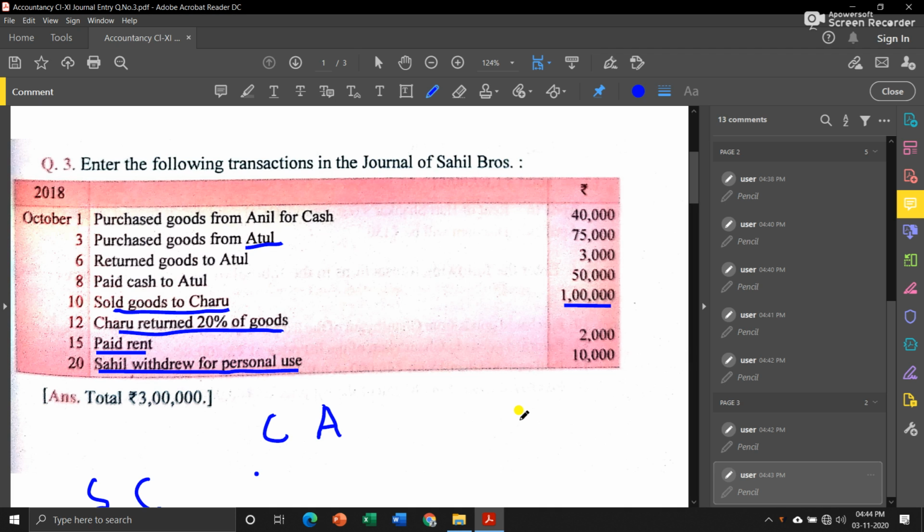So unless these concepts are clear with you, you will not be able to solve those little complicated questions. So practice and keep on practicing, and I have skipped question number 2, so you can do question number 2 as your practice. Okay, and if you are stuck somewhere, then you can consult me.